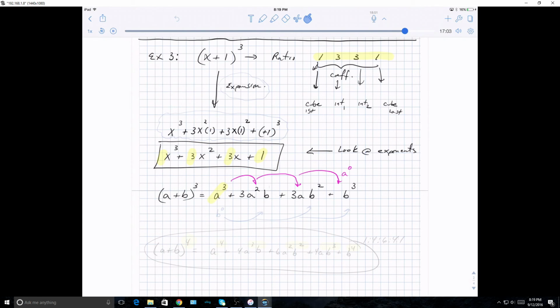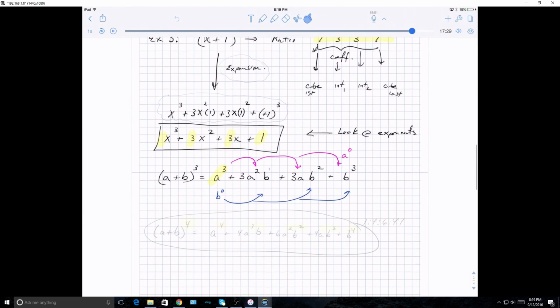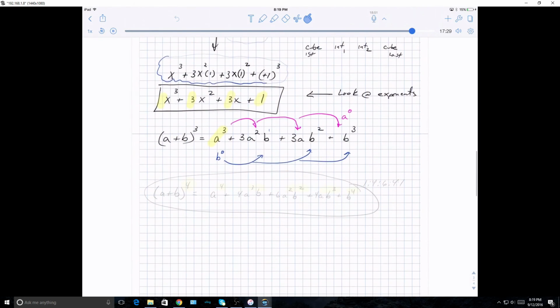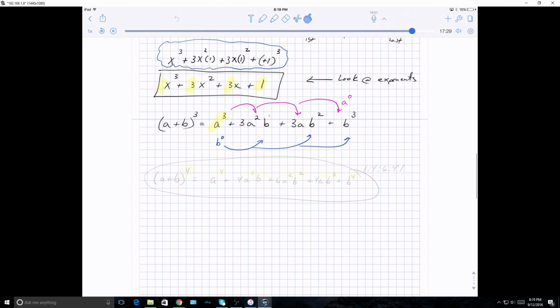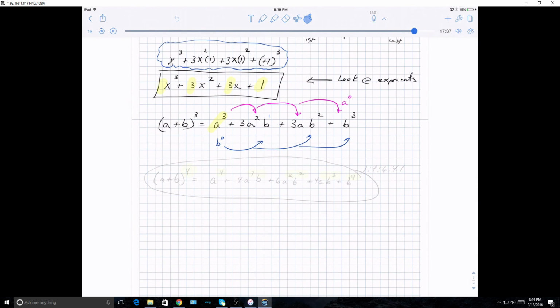But what happens to the secondary variable here, b? Well, you'll notice that they're actually counting up, because this is really times b to the 0, and then we have b to the first power, and then b to the second power, and then b to the third power. So this gives us a very powerful way to expand binomials.